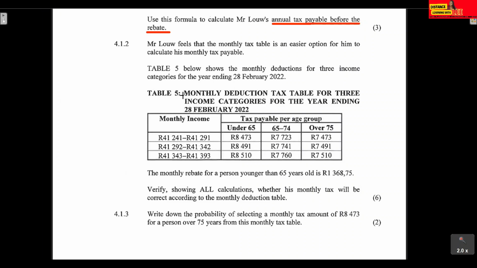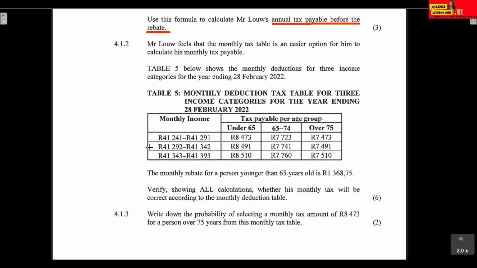So table 5 shows the monthly deduction tax table for 3 income categories for the year ending 28th February 2022. Okay, so we are given the 3 different income categories. The first one is if you get a monthly income of 41,241 to 41,291.